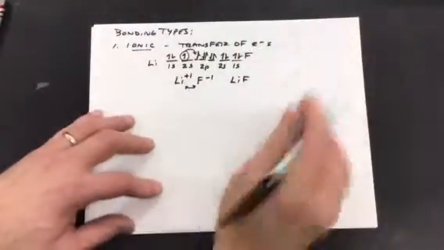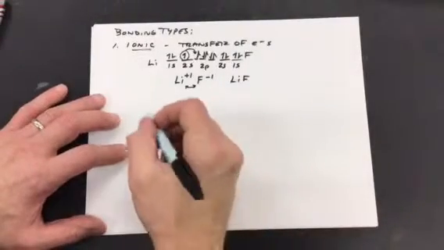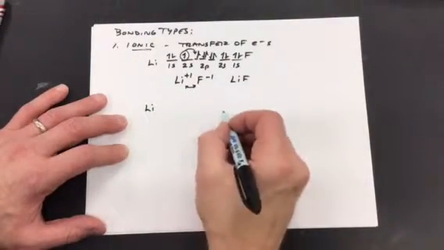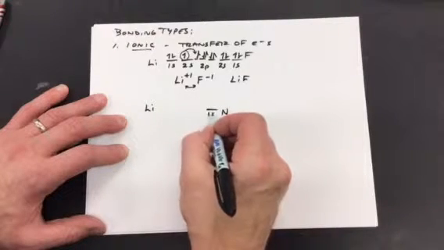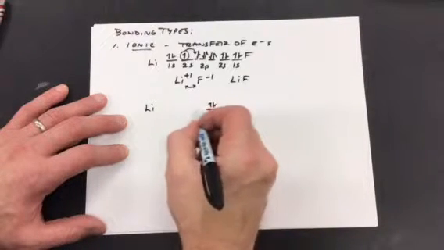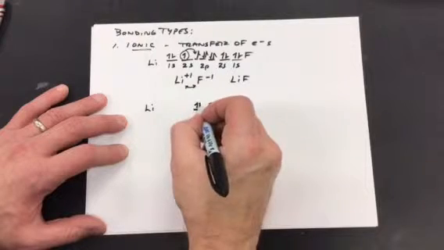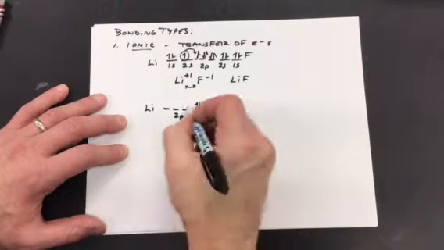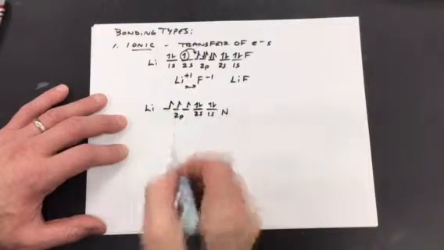If you had something a little bit more complicated, perhaps something like lithium and nitrogen, right? So I'm going to draw nitrogen first, 1s2, 2s2, and 2p3, so half filled.